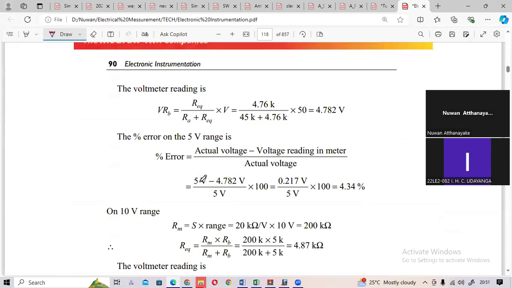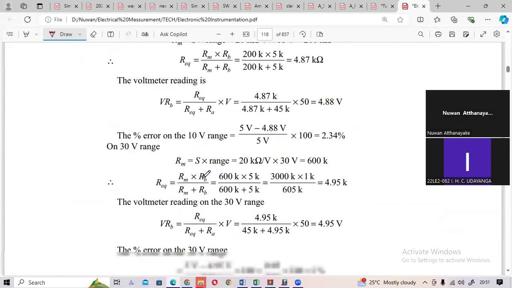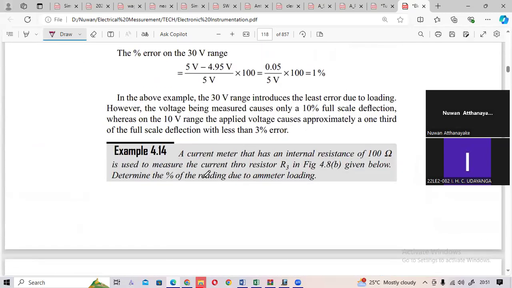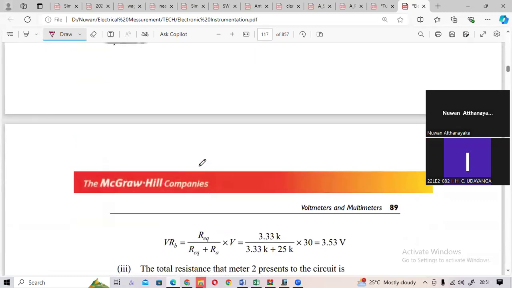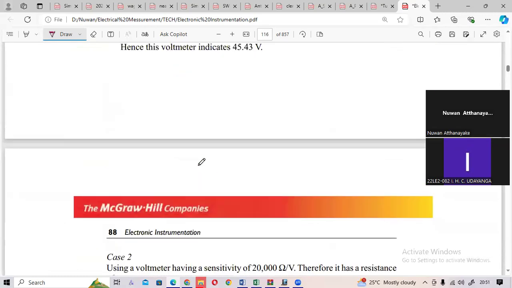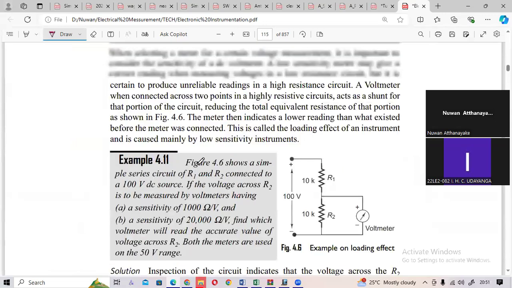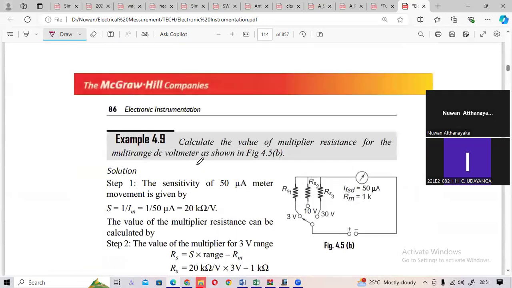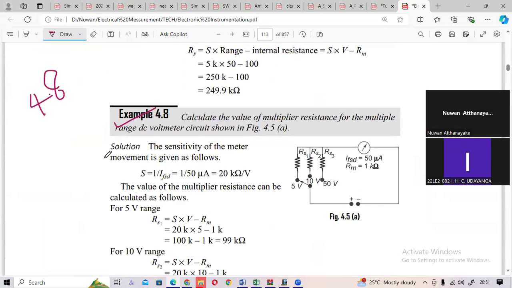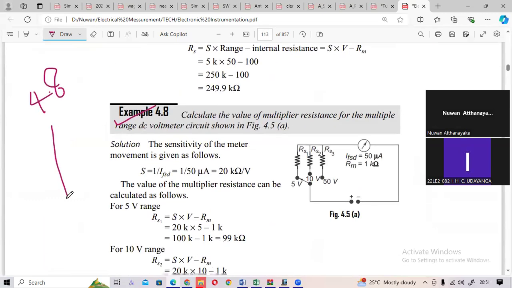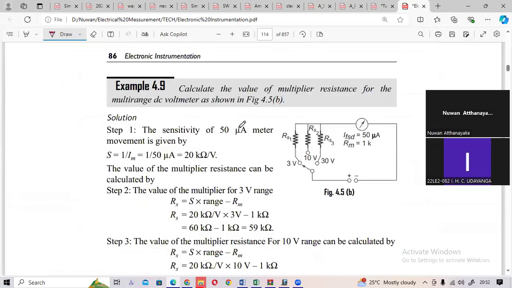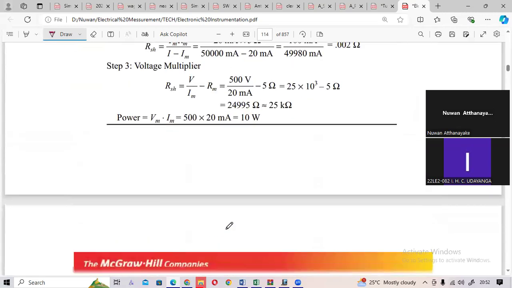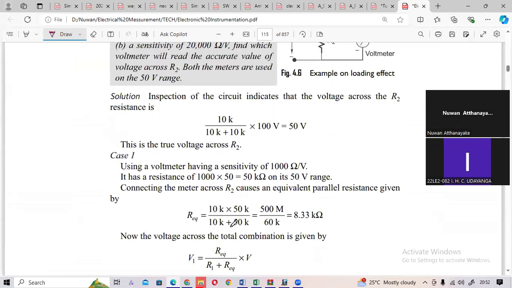These are analog techniques. Up to that level is enough. Do this up to this level. There is no need to try to do the other things. That will be enough.